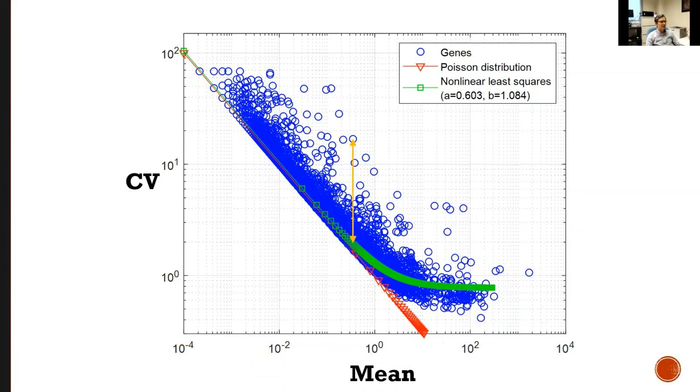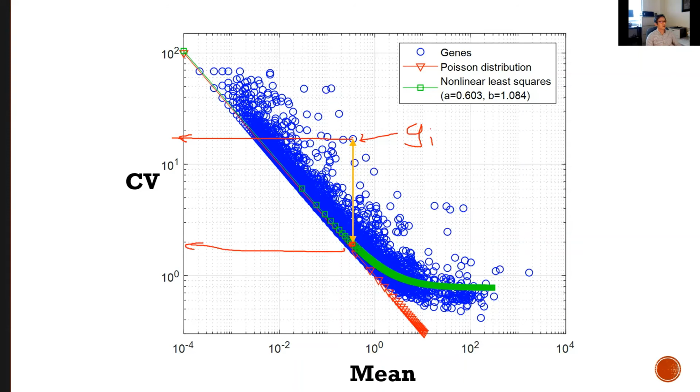After that, we compute for each gene their observed CV. For example, for this gene I, we have its observed CV computed based on data, here. However, according to its regression line, its green line, it should have an expected CV, here.